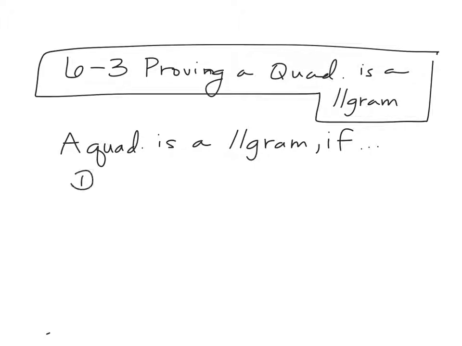So number one, a quadrilateral is a parallelogram if both pairs of opposite sides are congruent.